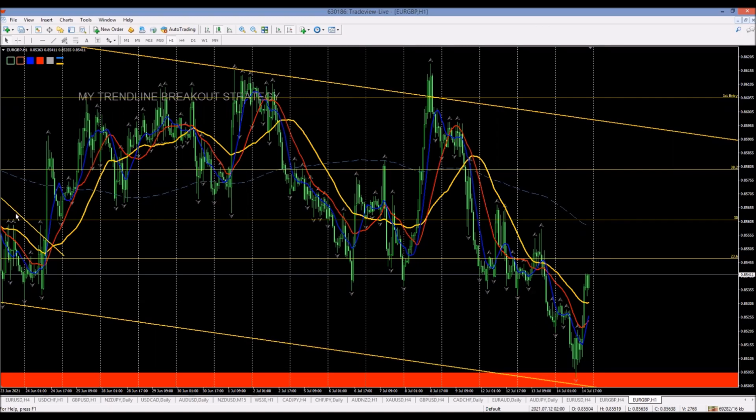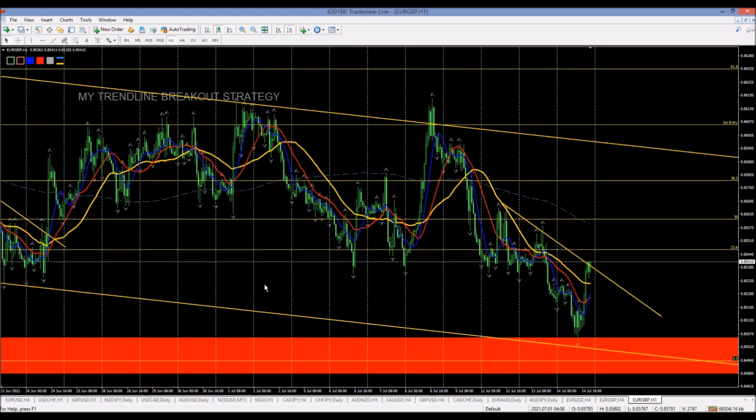Okay. Let's just do one other thing here with that trend line, potentially. Guys. Question is, do we get in it here, or do we wait for the double bottom?